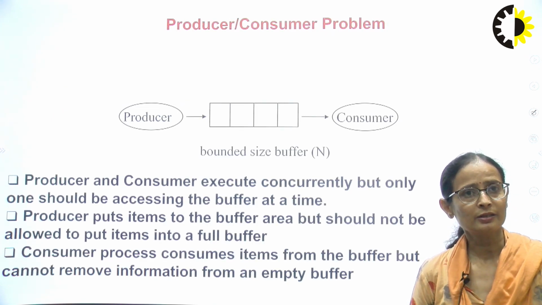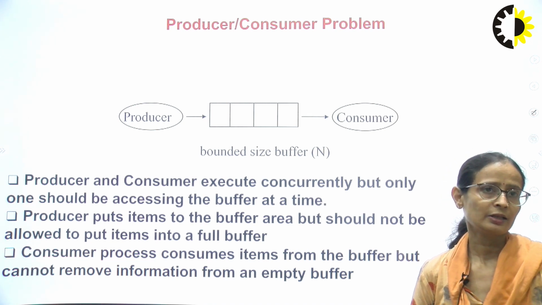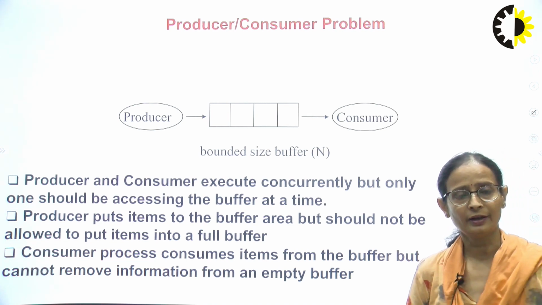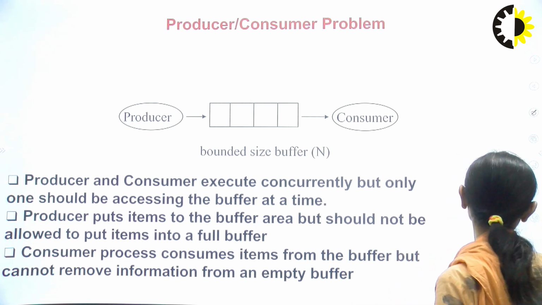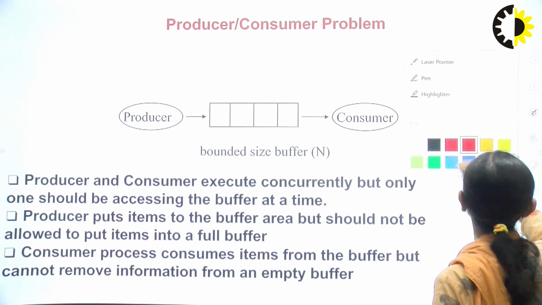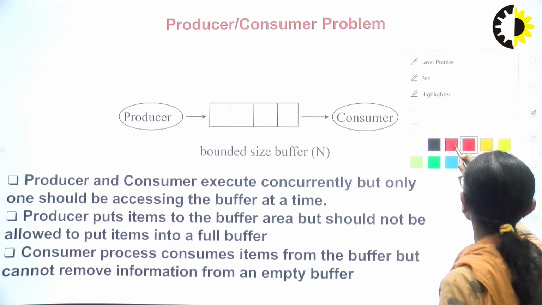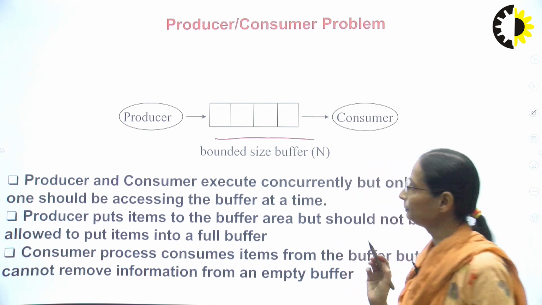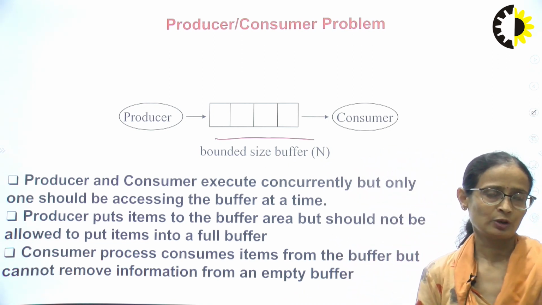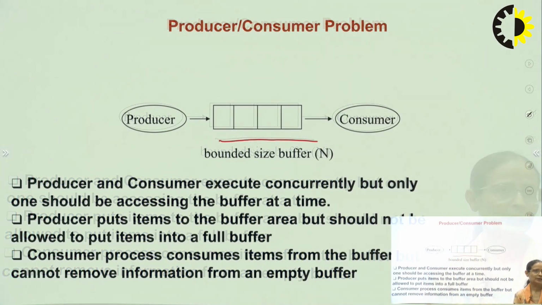So basically, what is a producer consumer problem? In the case of the producer consumer problem, we have a shared array or a shared buffer. This is the shared data. One process is acting as a producer and the other process is acting as a consumer. What is the meaning of producer and consumer here?